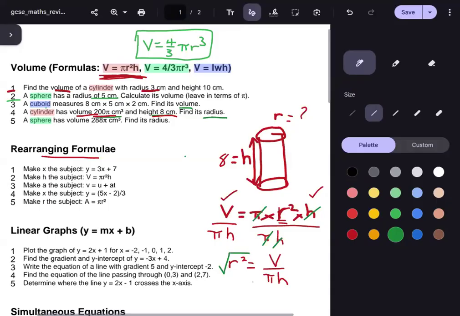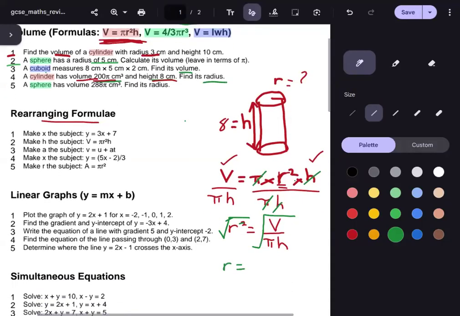So I'm going to square root both sides. Then the square root will cancel out with the square, and we'll be left with r is equal to the square root of v divided by pi times h. And remember, h is 8 centimeters.